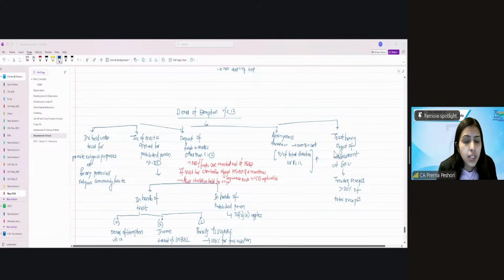Okay, and the last one is if the trust does not submit either the return under 139(1) or the form 10 for the accumulation of the income.